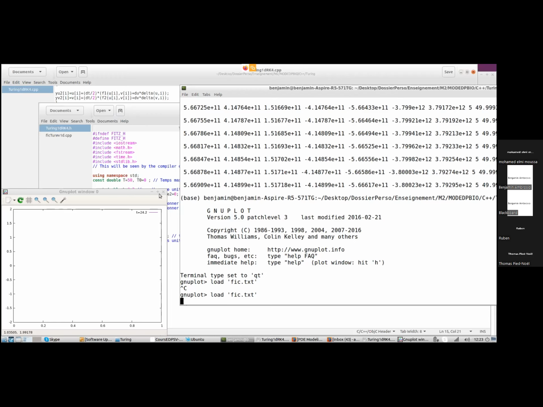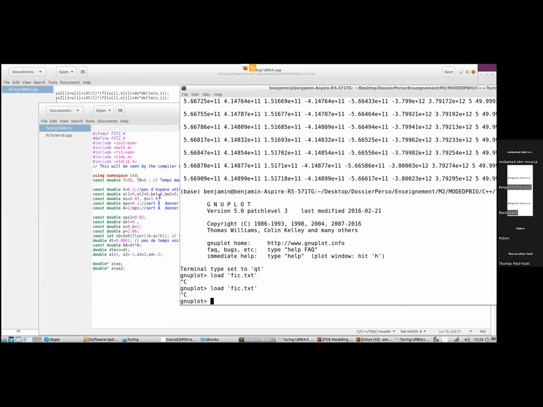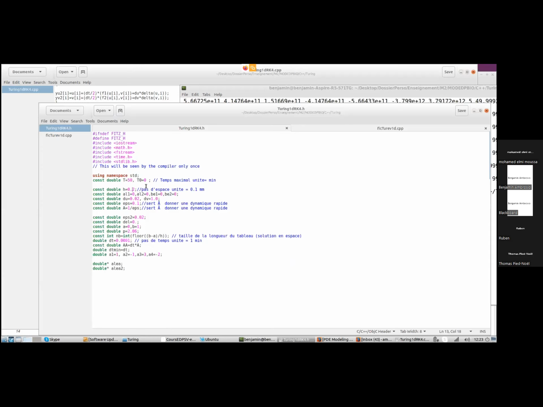At the beginning my sigma was too large, so I had problems of convergence of the solution. So I can do that maybe, and hopefully 20 is sufficient here.